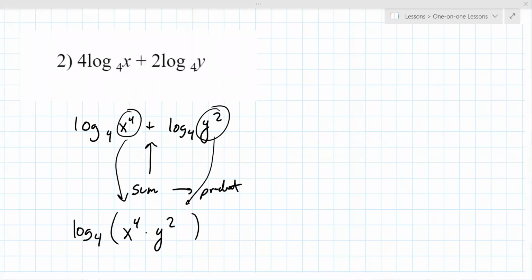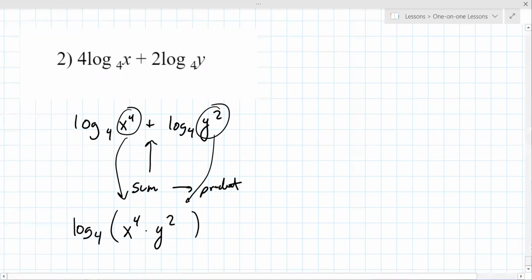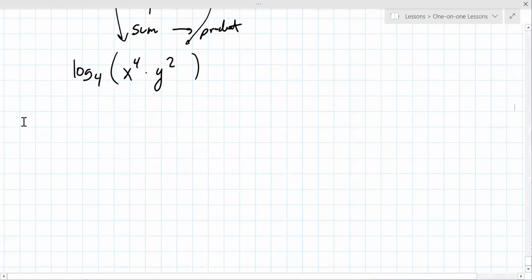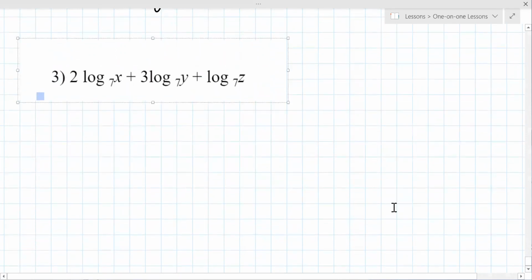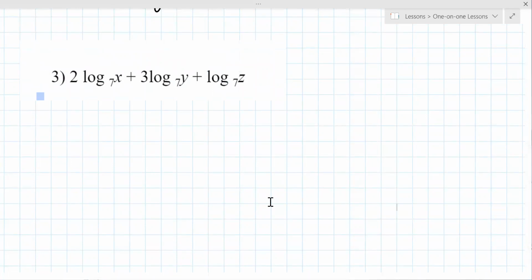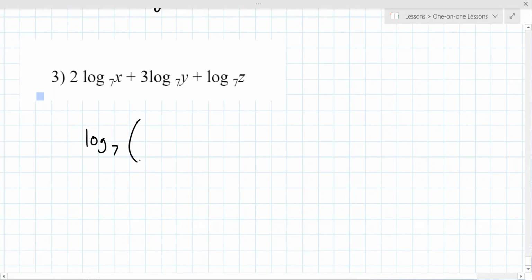All right, so number 3. Three is a lot like number two. It's just got three terms instead of two. So give that one a shot here. You're going to bring the number in front as the exponent first, and then you're going to combine them all into a single log. This one just turns into log base 7 of x squared times y cubed times z.